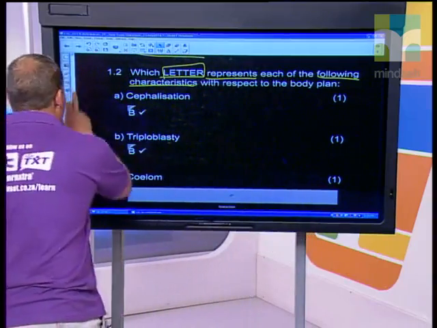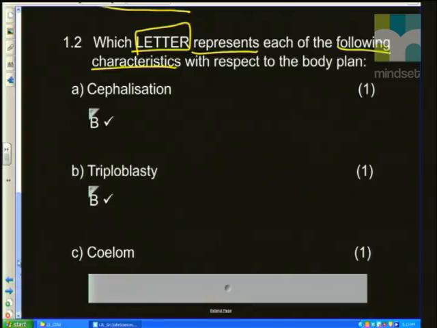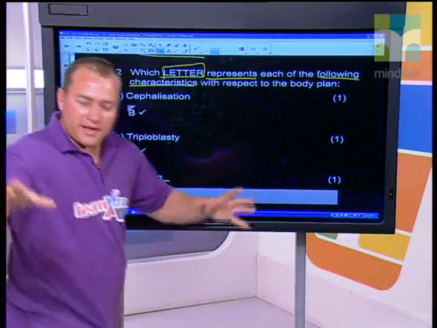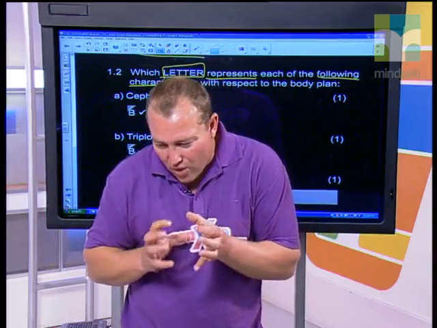Okay, now, let's have a look at the next one. Yeah, a coelom. I love that word, because it never sounds like it's spelt, right? Now, can you remember what a coelom is? A coelom is a cavity inside the body, not an air space cavity, but it's right around the body, okay? And you remember that Platyhelminthes is actually a pseudocoelom, which means false coelom.